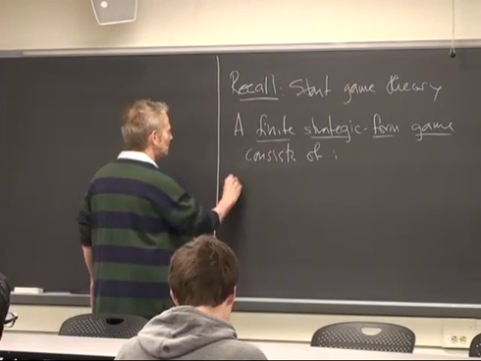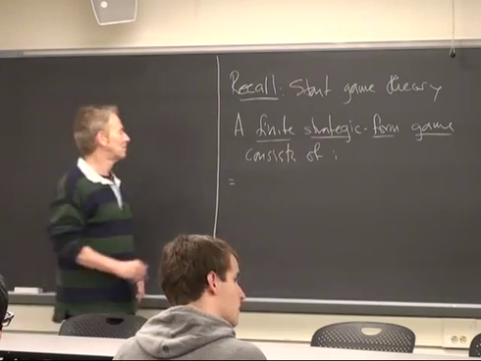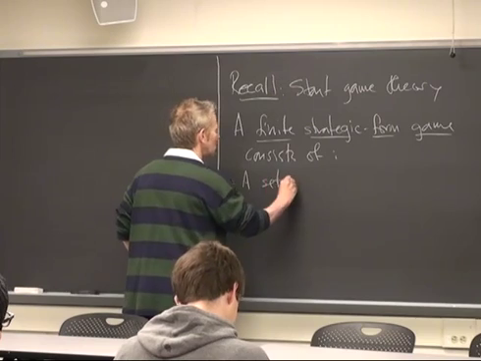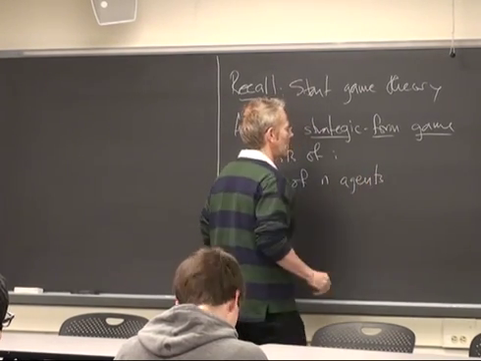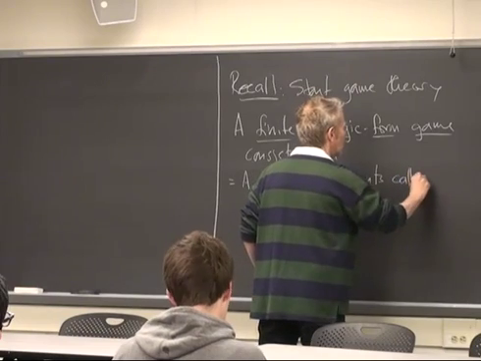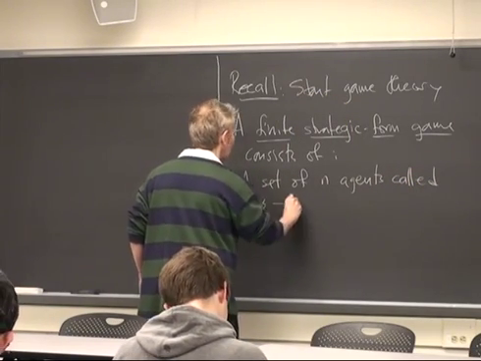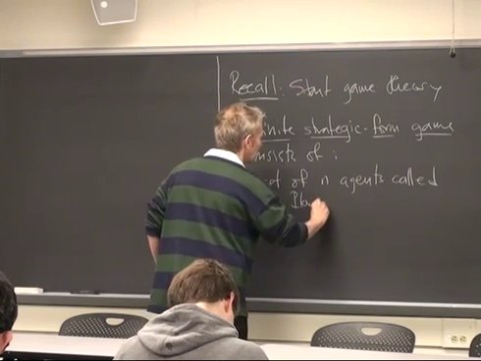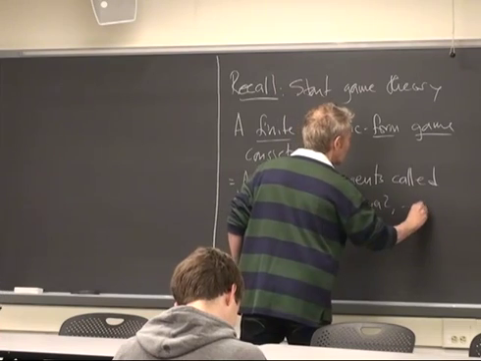First of all, there's going to be a set of agents, n of them, and these are called players. And we denote them by player 1, player 2, up through player n.